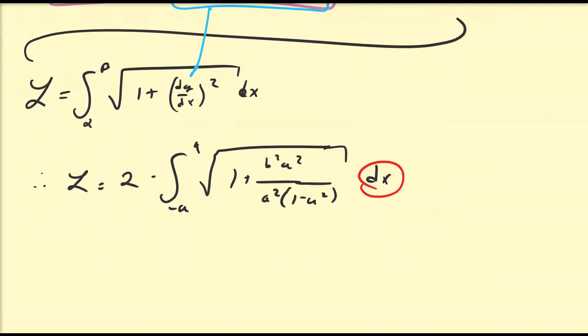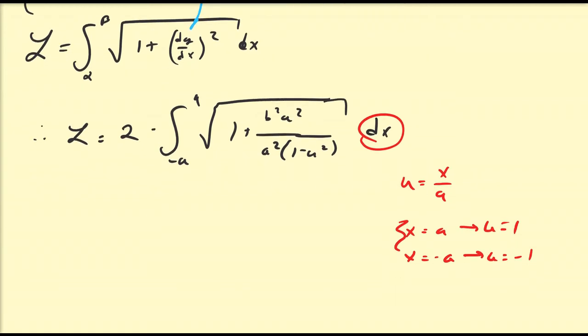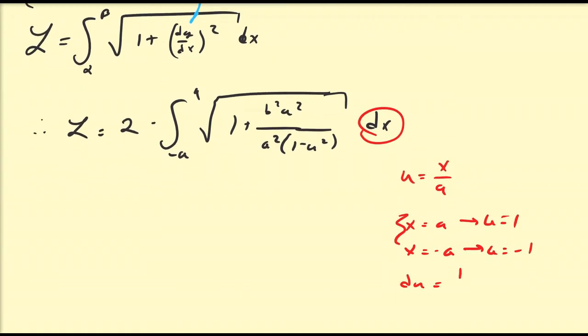Alright, so let's turn this integral totally in terms of du. Remember that u was equal to x over a. So when x is equal to a, we have that u is equal to 1, and when x is equal to negative a, u is equal to minus 1, and du is going to be equal to 1 over a dx, forcing dx to be equal to a du, right?